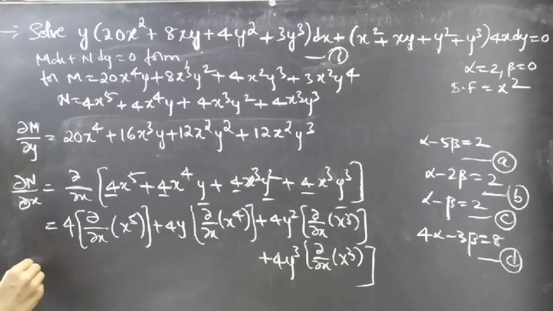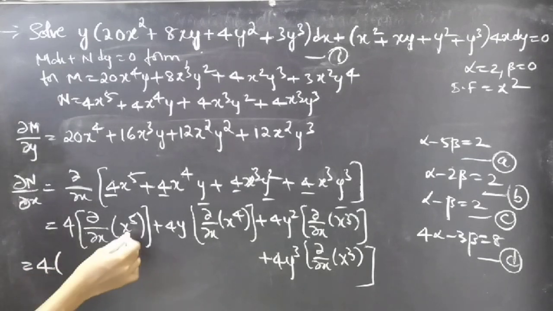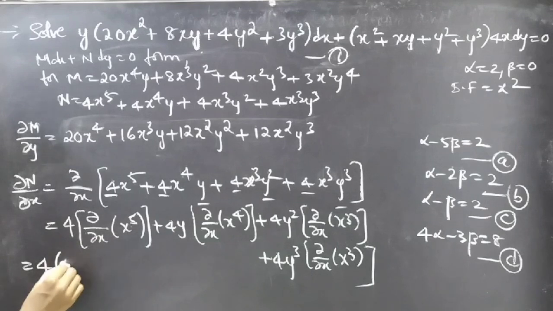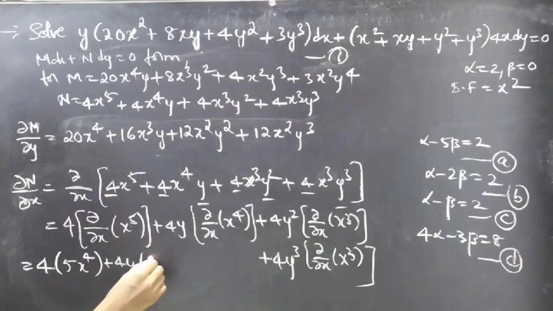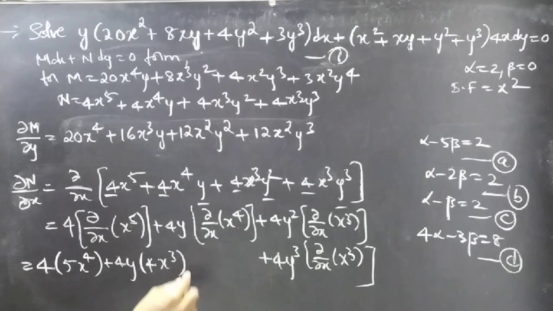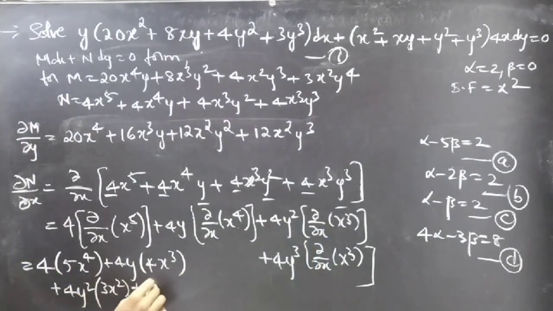Which gives us 4 into partial derivative of x power 5 with respect to x, which is 5 x power 4, plus 4y into partial derivative of x power 4 with respect to x, which is 4 x cube, plus 4y square into partial derivative of x cube with respect to x, which is 3x square, plus 4y cube into partial derivative of x cube with respect to x, which is 3x square, right?